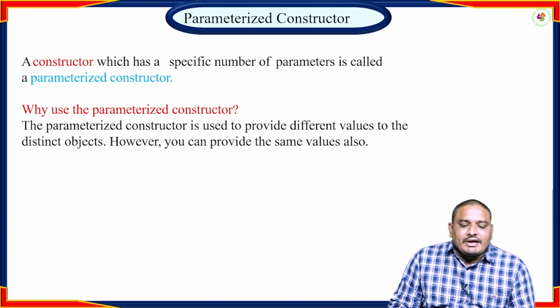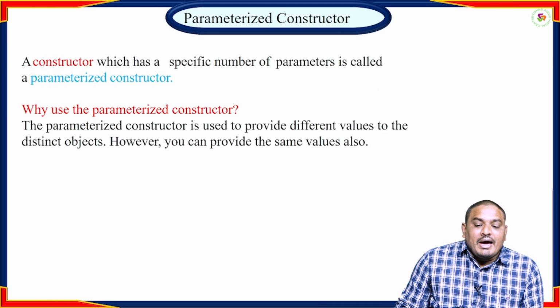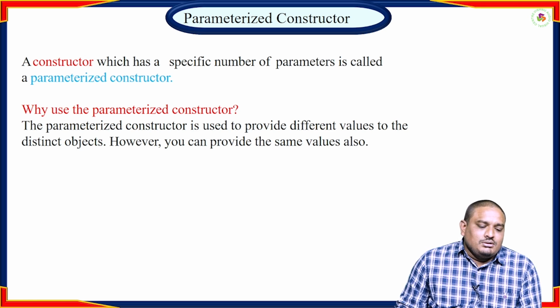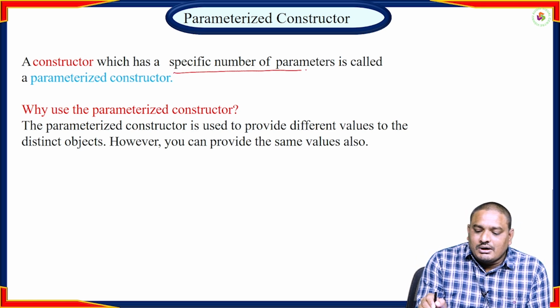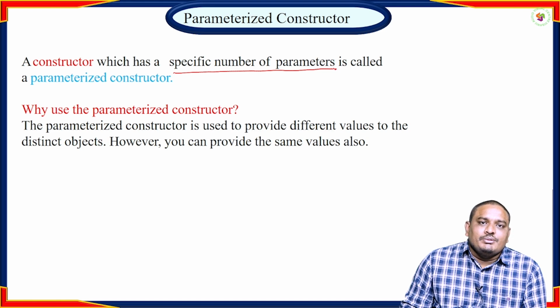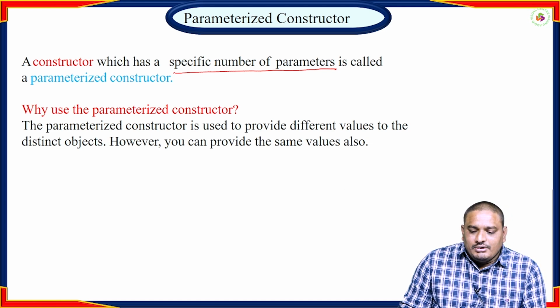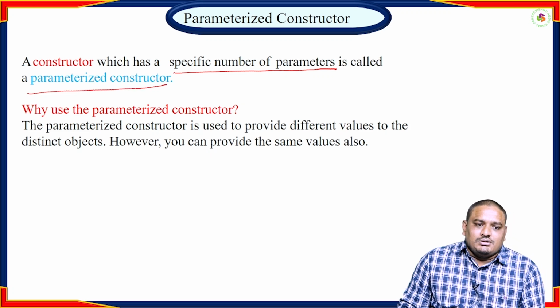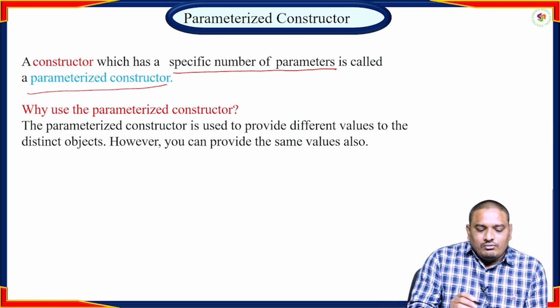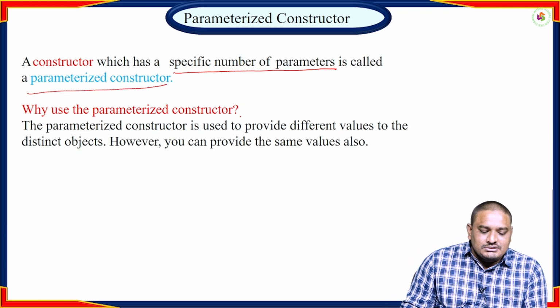Next, the second type of constructor is the parameterized constructor. A constructor which has a specific number of parameters is called a parameterized constructor. Why are we using the parameterized constructor?